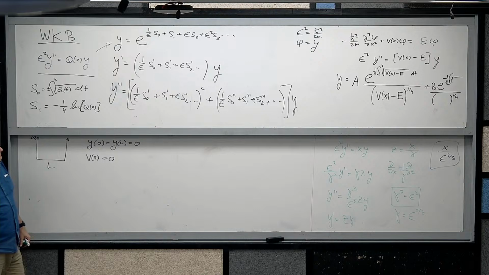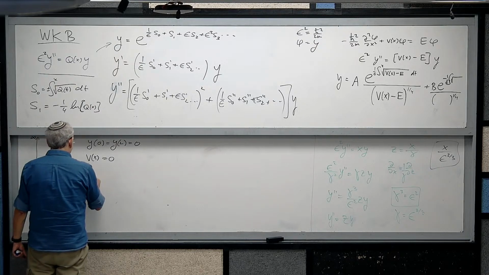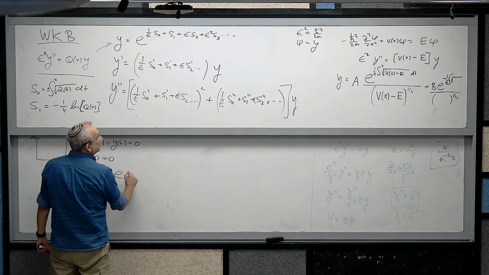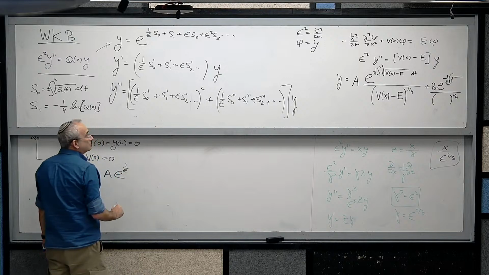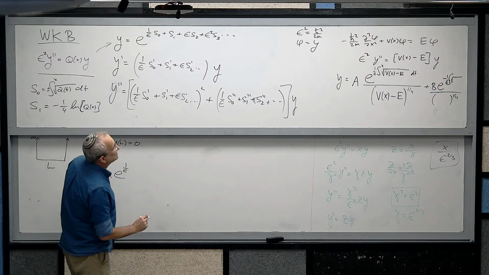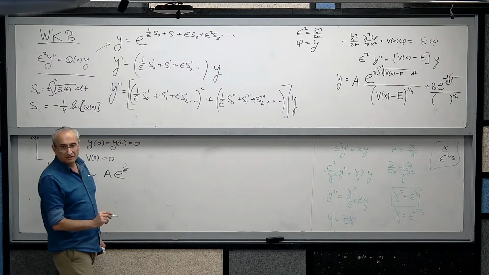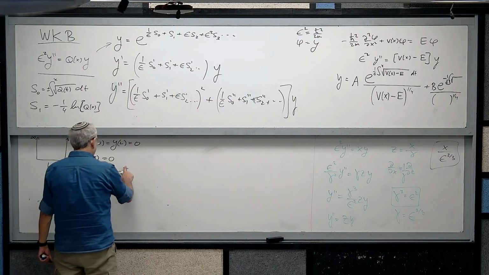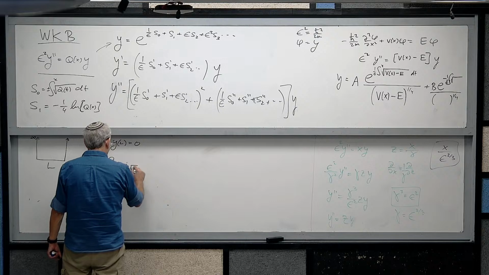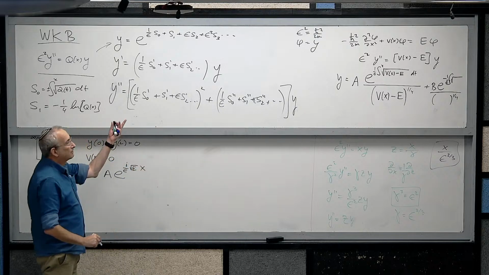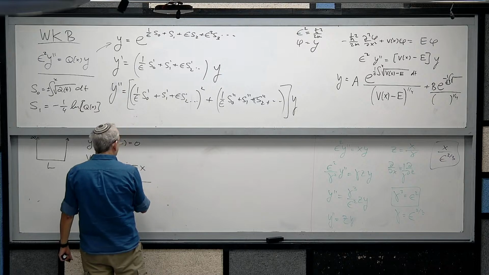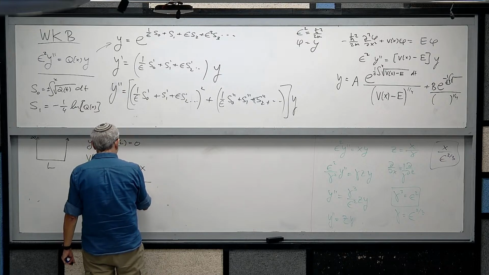Okay, so what do I get? y is asymptotic to A times e to the 1 over epsilon times the integral over the square root of minus E. The square root of minus E is i square root of E, so I have here i square root of E times x, because the integral is over nothing, divided again by E to the 1/4.